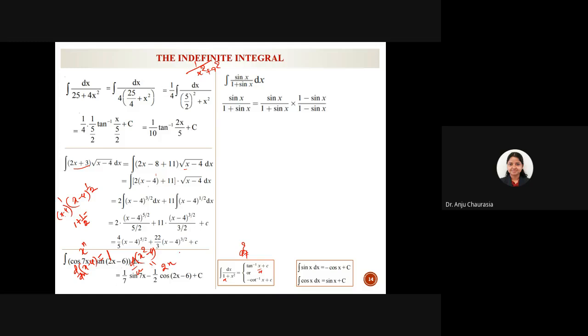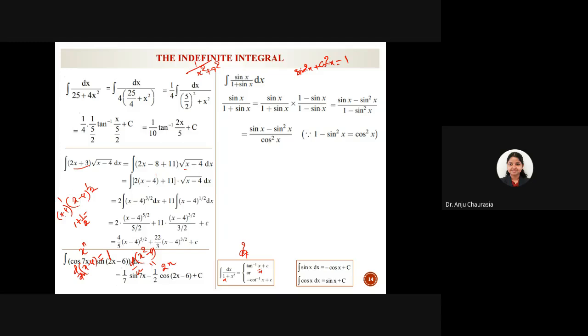So here also, what I did that day, you can understand. If sin x is there and I'm not able to think what I should do, because here are different terms, then always remember the formula that works most of the time, that is this. I will try to make something square here.